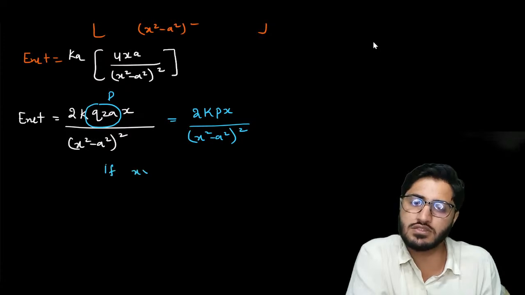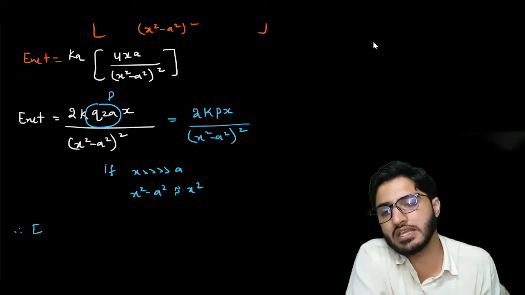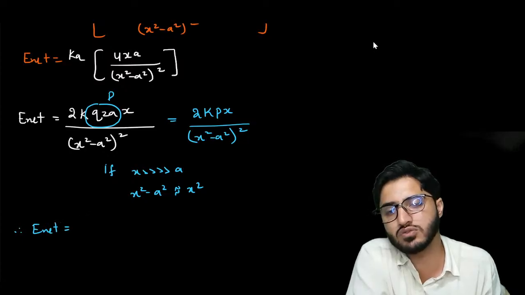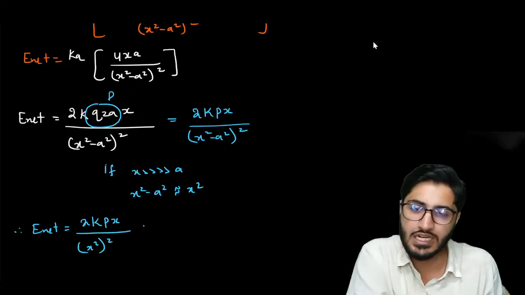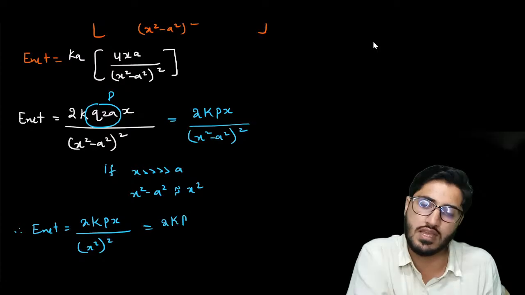If X is much more than A, then X square minus A square is approximately equal to X square. Therefore E net equals 2KPX divided by (X square) square, which equals 2KPX divided by X to the power 4.